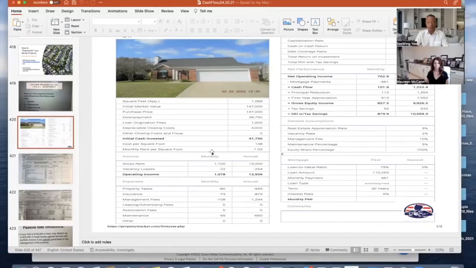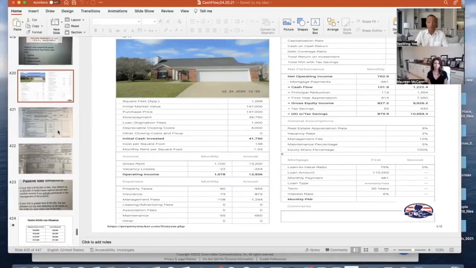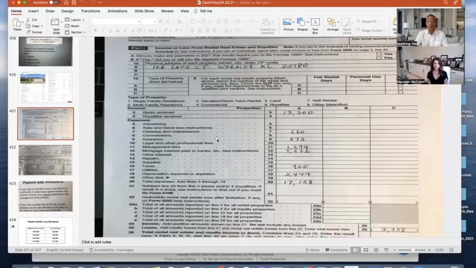Then we can identify how much tax benefit we can achieve based on depreciation alone on this one property in any given year. With that in mind, let's go over the tax return I took the liberty of creating yesterday for the purpose of this slideshow presentation.